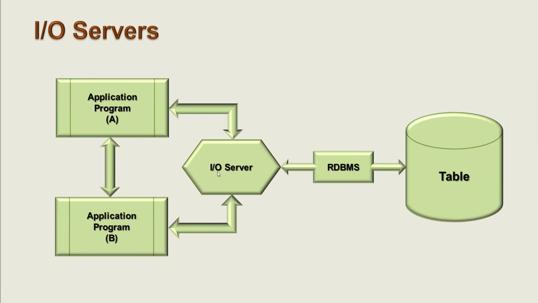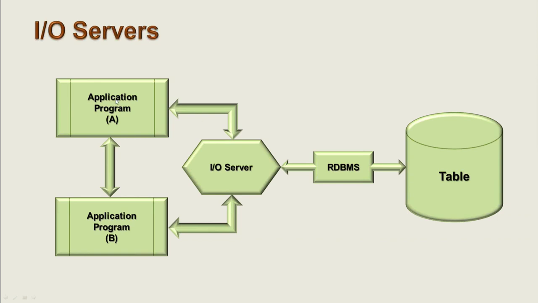It can also, if you absolutely insist, be a SQL module, it could be a C module, it could be any other module written in any particular programming language you like, because we are in an ILE environment. However, I use RPG and only RPG. The I/O server is then the conduit to the table.